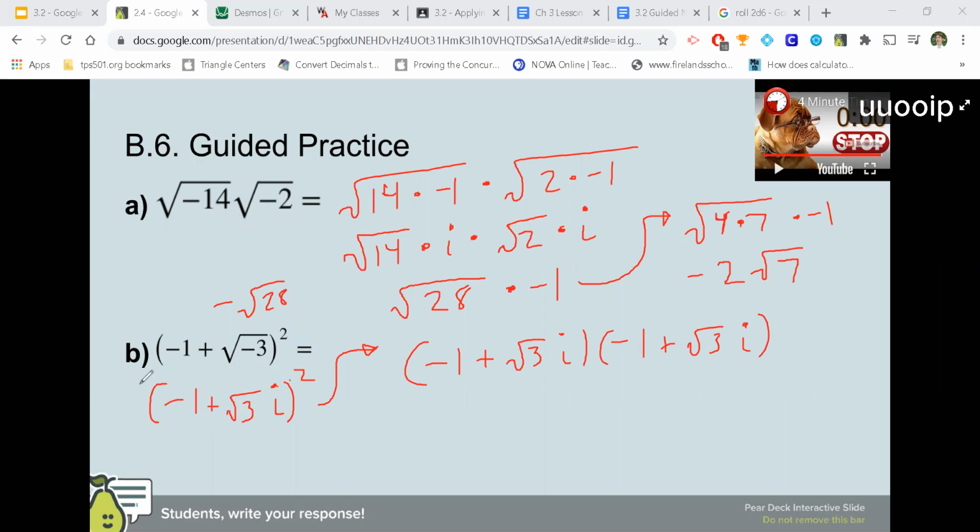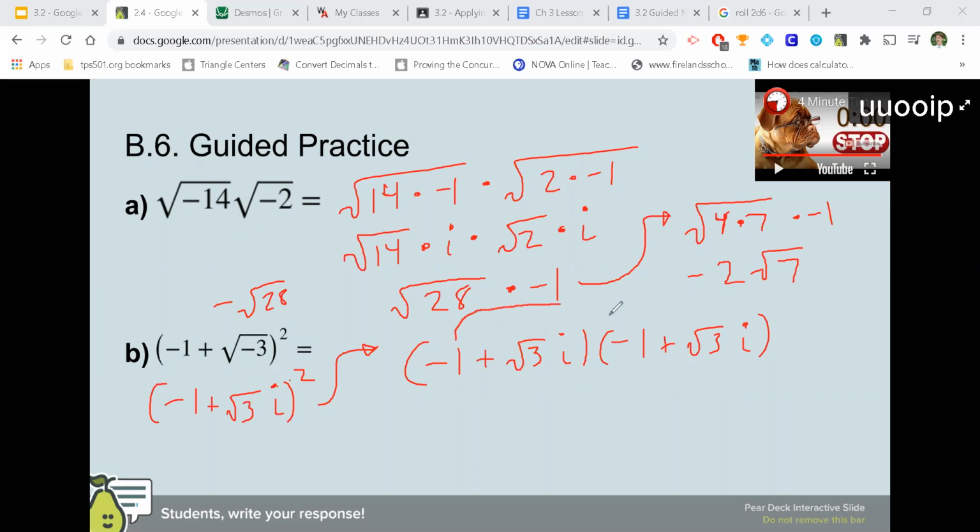So when I say do -1 plus the square root of 3i squared, I really mean multiply it by itself. And to multiply these two things together, I would have to use the distributive property, or FOIL.